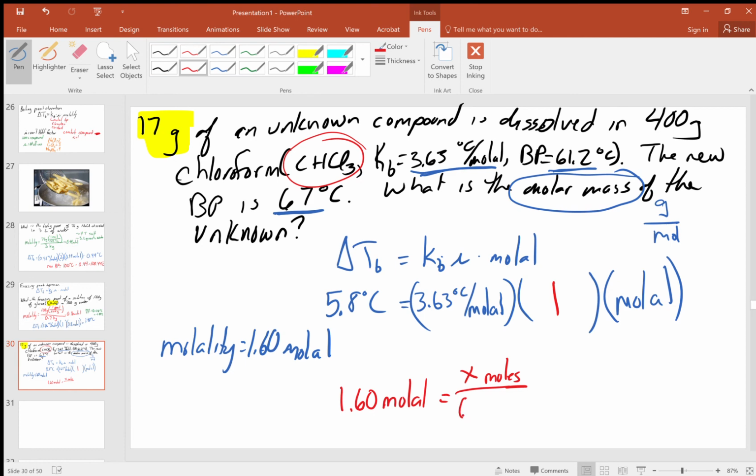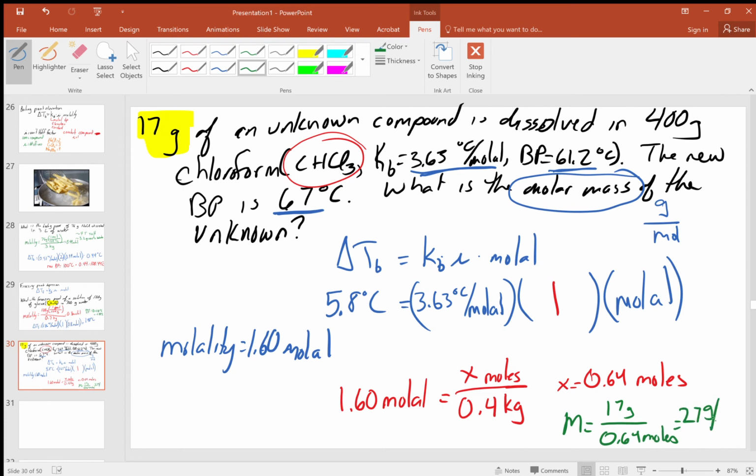We can convert that to kilograms. And so we find that x here is 0.64 moles. So what then is the molecular weight? The molecular weight is the number of grams, 17, over the number of moles, which in this case will equal 27 grams per mole.